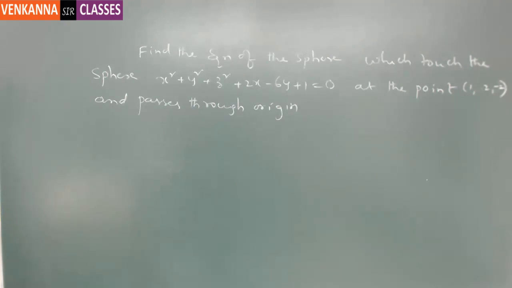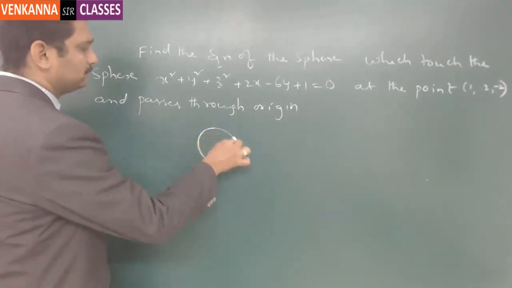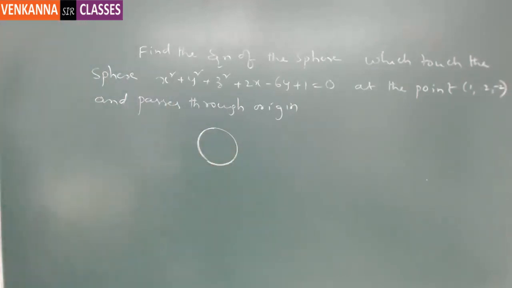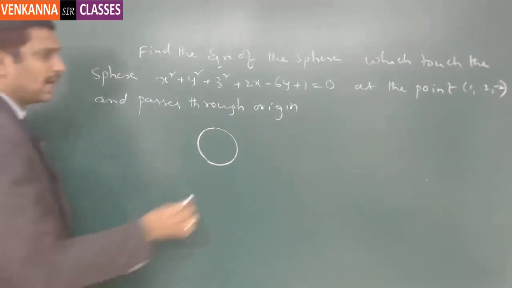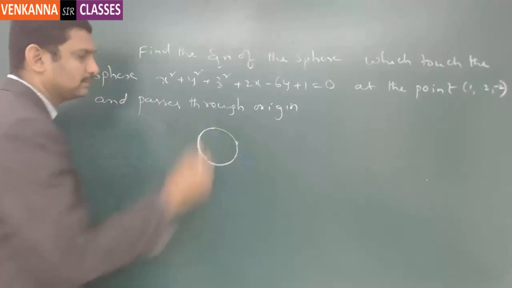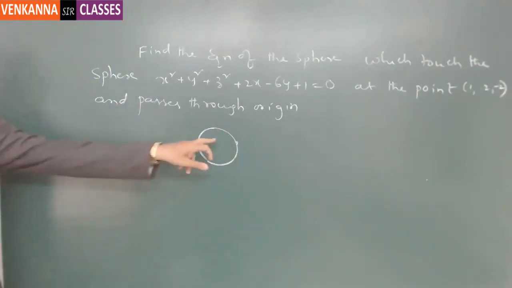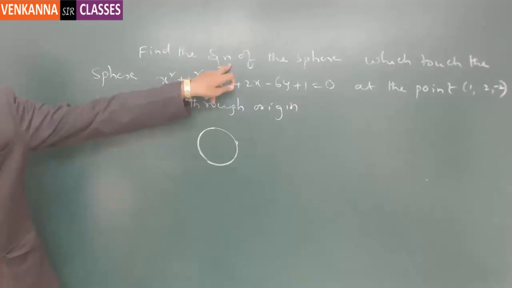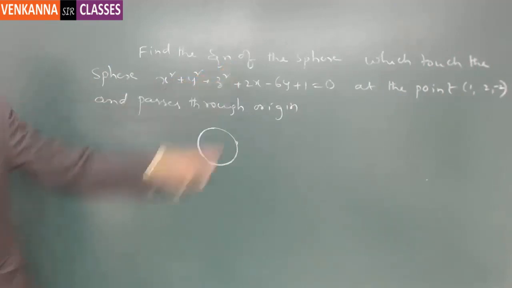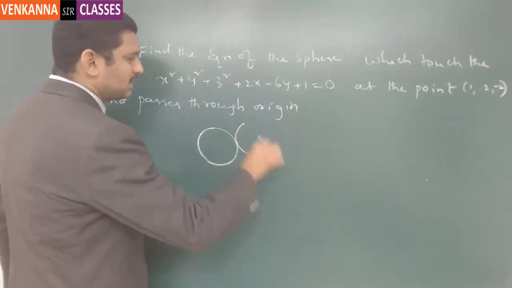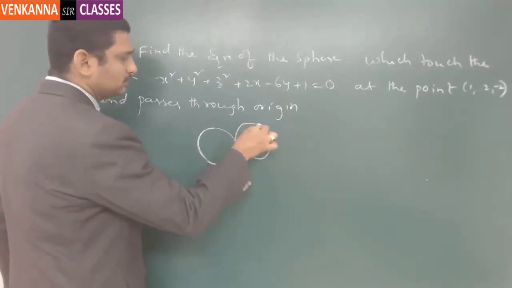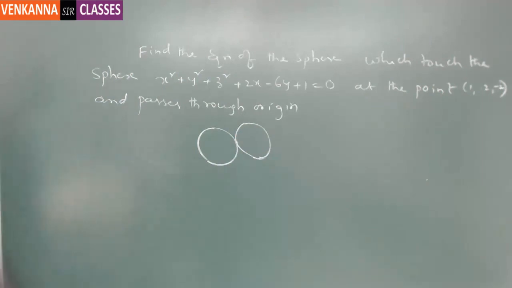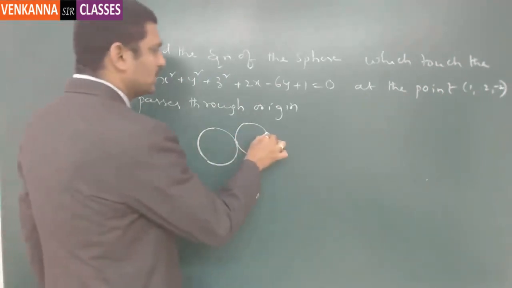If you draw a rough picture of the question, let us take that this is our given sphere. And the point (1, 2, -2) lies on the given sphere. So we have to calculate a new sphere equation such that the new sphere touches this at the given point, and also the new sphere passes through the origin.